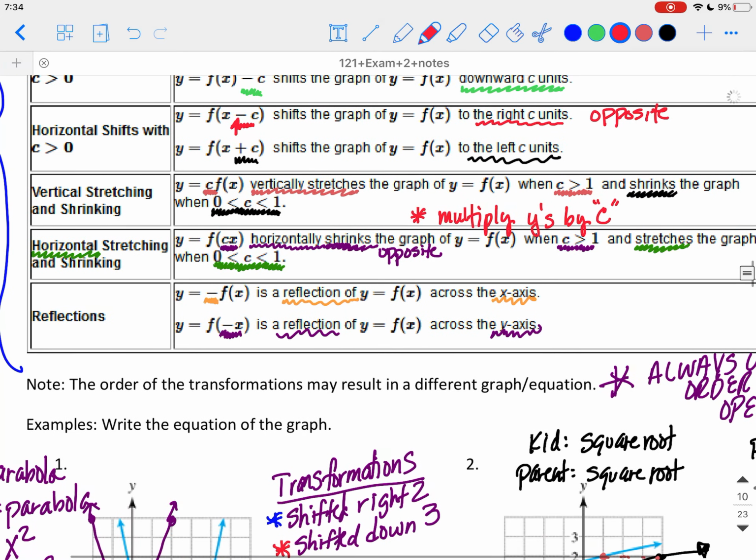And for horizontal, technically what's happening algebraically with the y values, you're going to multiply my x's by the reciprocal.